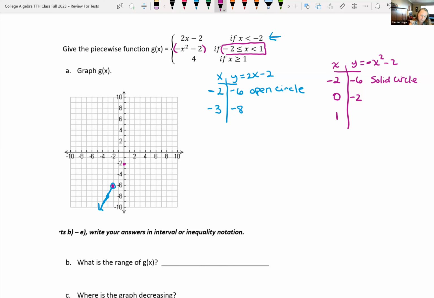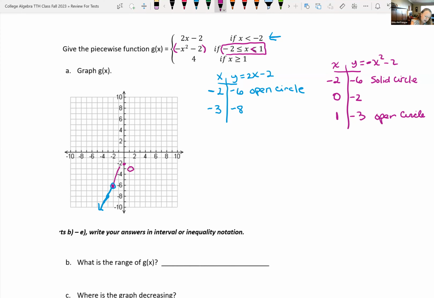And then plugging in 1 here, I get -1. 1 squared is 1 times the negative in front is -1. -1 minus 2 is -3. And this is an open circle because x is strictly less than 1. So 1, -3, open circle.